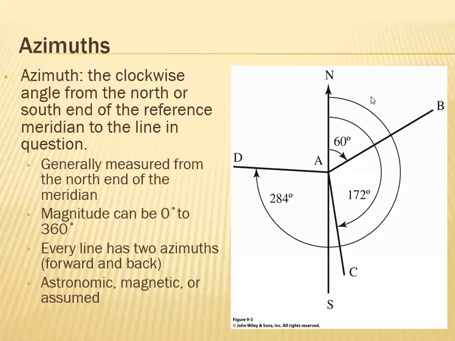Well, if AD is 284, then D to A would be backwards, your back angle, and that would be equal to however long it takes for me to get to 360. So 360 minus 284.